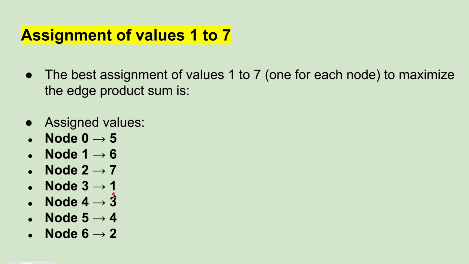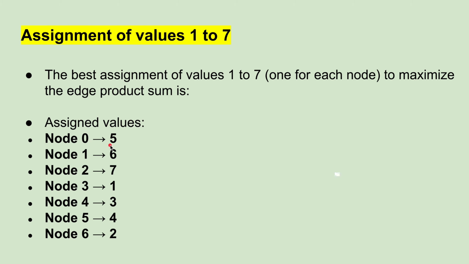Why? Just think why. Because these are the best permutation, the best assignment of values 1 to 7 for each node, okay? If you think about that, then you will understand. Just assume it for now.